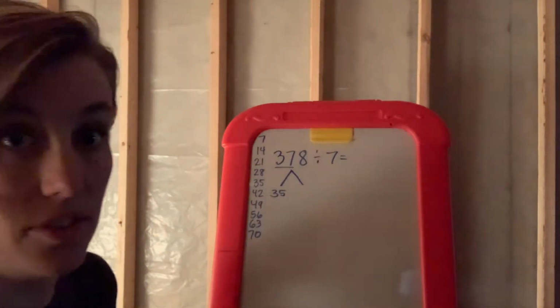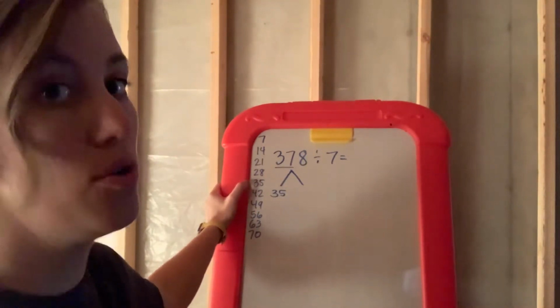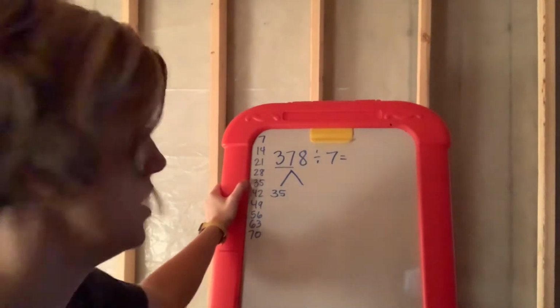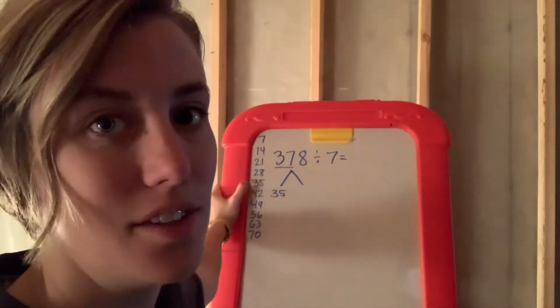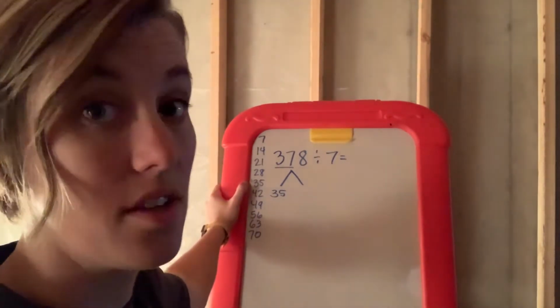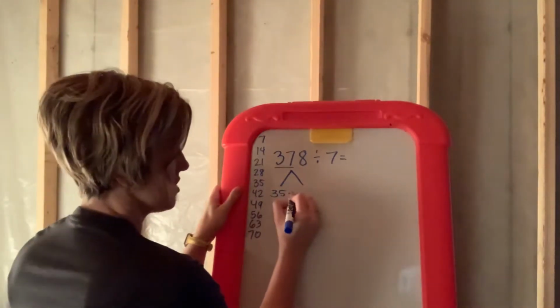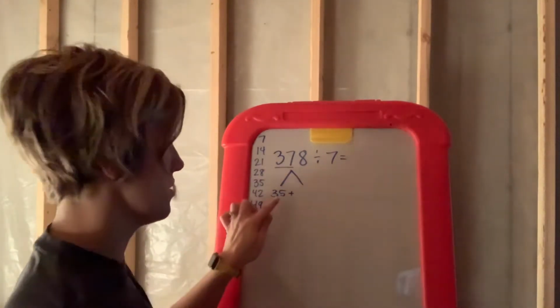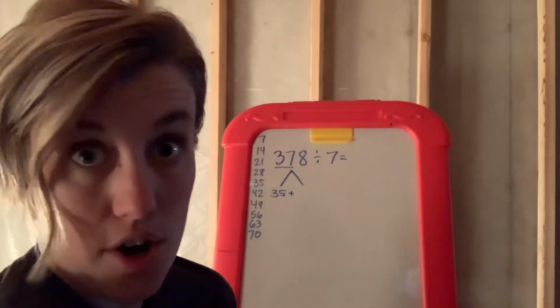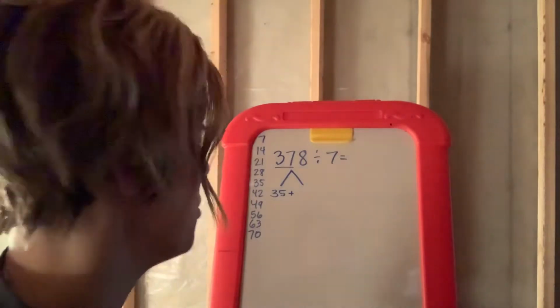You want to get close without going over the 37. Is it 37? It's not 37, it's 370 because the 3 is in the hundreds place and the 7 is in the tens place. So we're going to put our plus sign because we're creating our own special expanded form, right? We're writing it in expanded form that we choose.